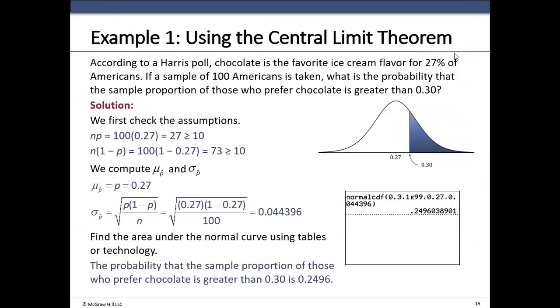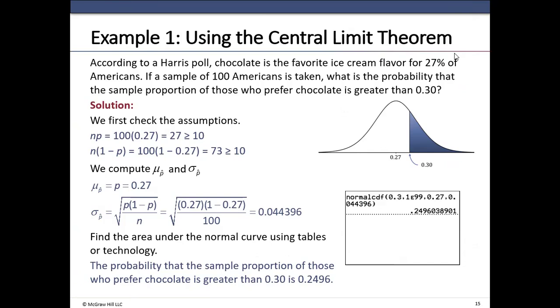Notice the population proportion in the first line is 0.27, so p is 0.27, which means the mean mu p hat is also 0.27. Let's check n times p: 100 times 0.27 is 27, greater than 10, and 100 times 1 minus 0.27, or 100 times 0.73, is 73, also greater than 10.